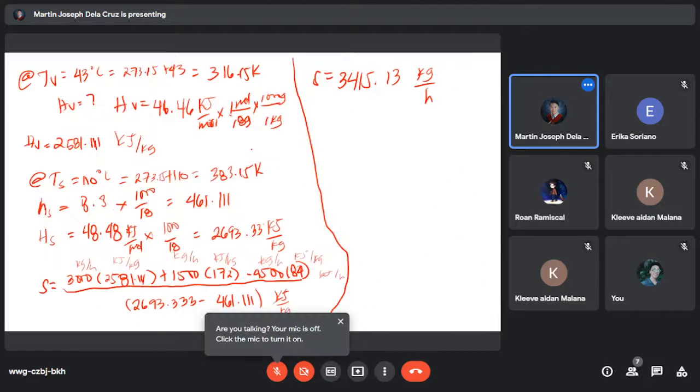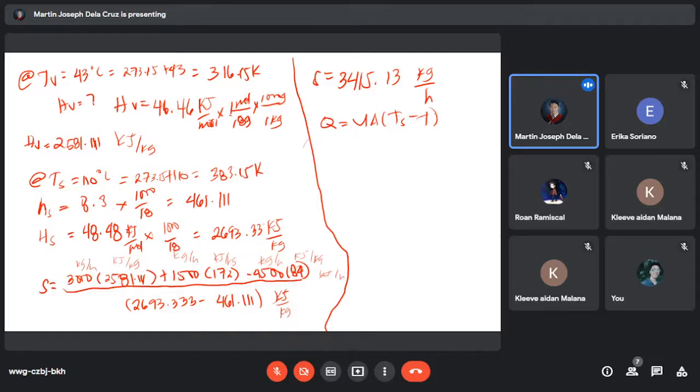So we're looking for your area, and take note that Q is equal to UA(Ts minus T). And Q is also your steam times your enthalpies, S(HS minus hs).